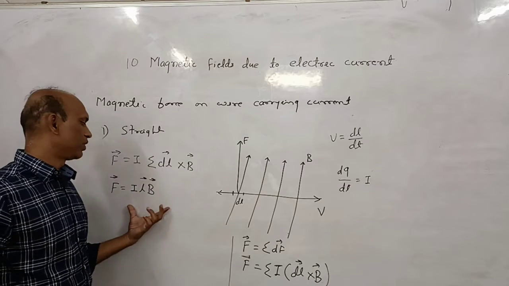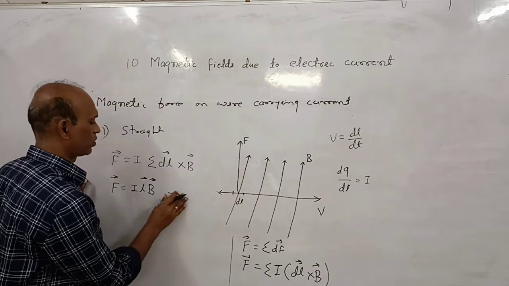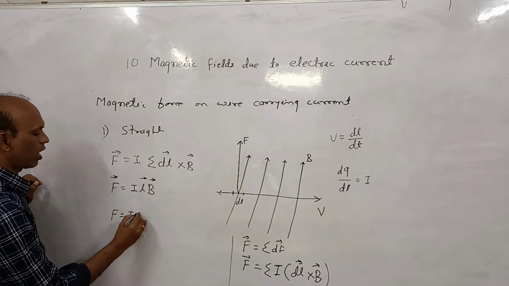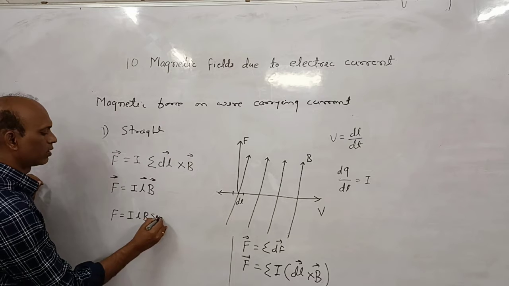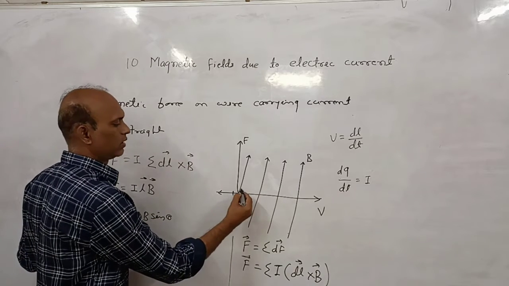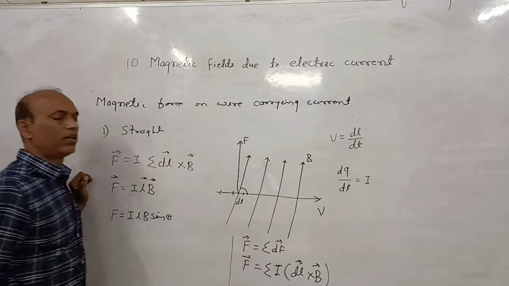And the magnitude of the force will become F is equal to I L B sine theta, where theta is the angle between B and the current direction.